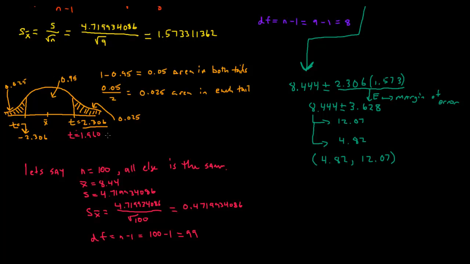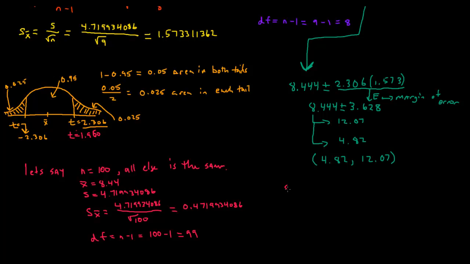Okay? See how our t-value decreased. Okay, 1.960. Our t-value decreased because we had a higher sample size. So if we construct the confidence interval now, we have all the parts we need.